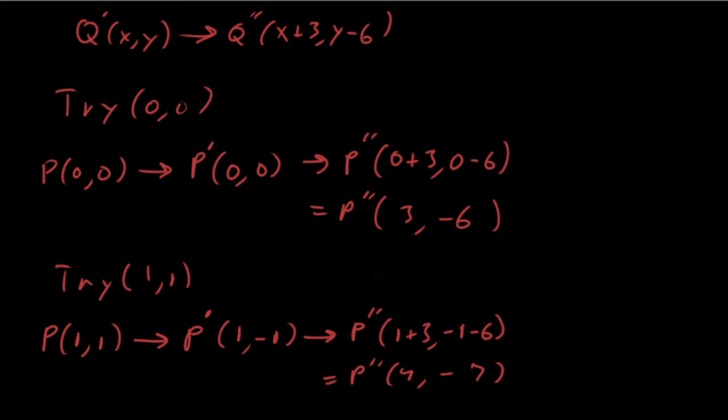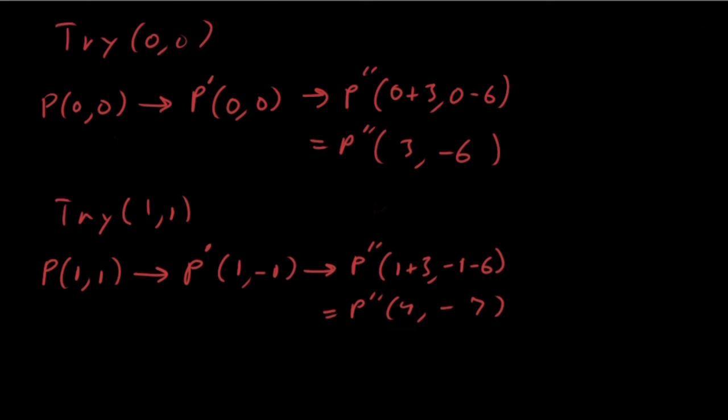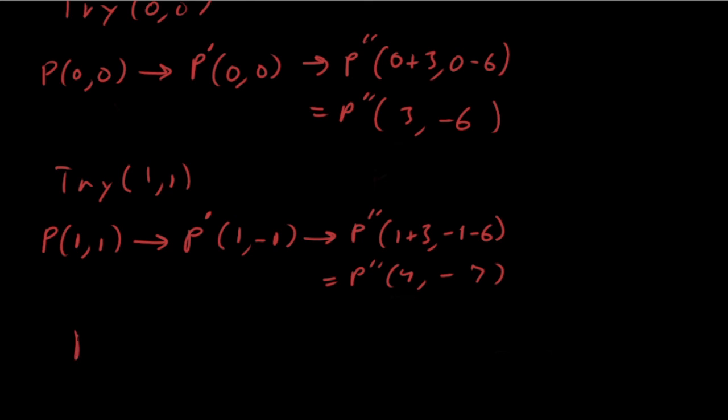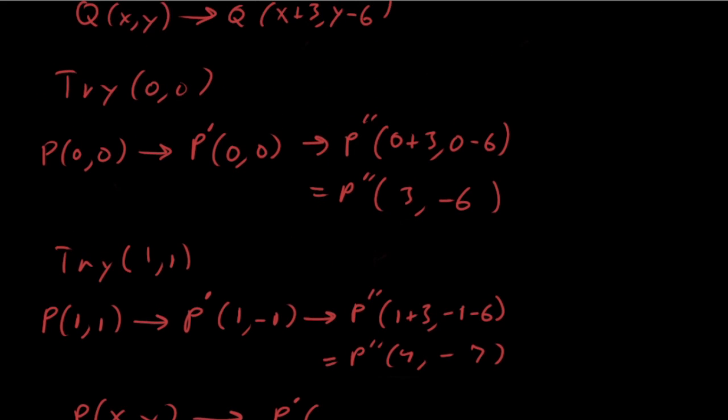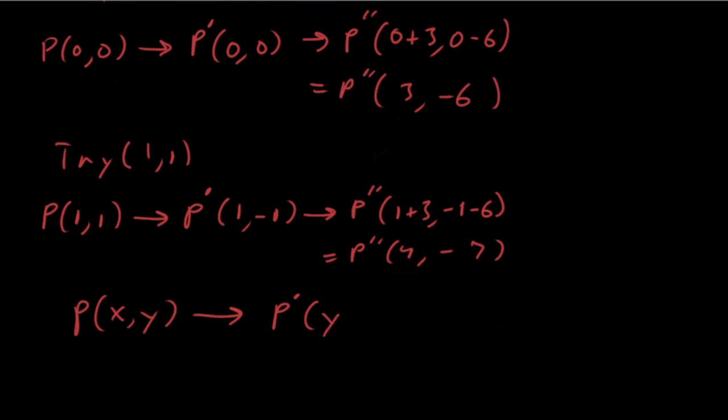All right, this one seems a lot easier. It looks like it's going to be negative 6 minus x, right? So the rule, P of x, y to P prime. So the first one, it looks like obviously the y swapped, so the first one's going to have a y in it.